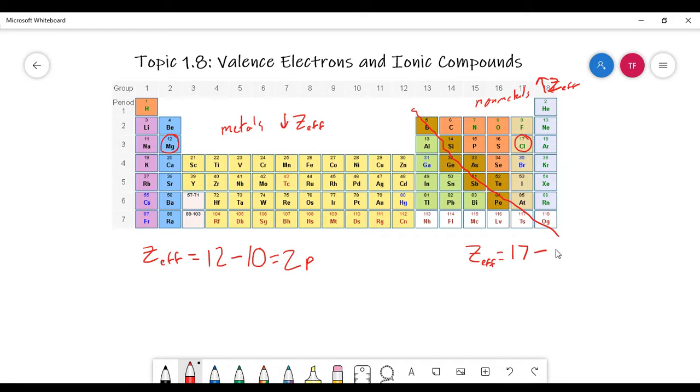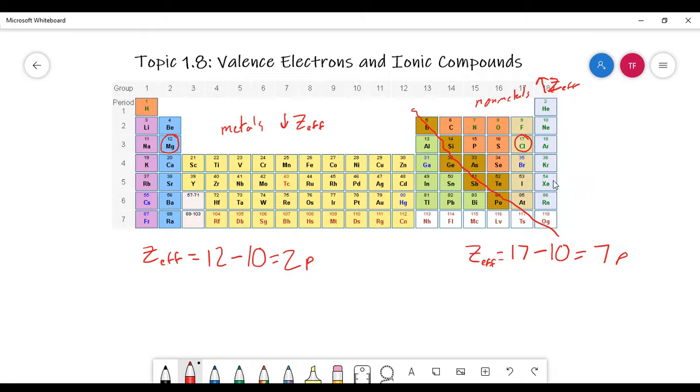So 17 minus 7 is 10. There are 10 core electrons, just like magnesium, 10 core electrons. But 17 minus 10 means that there are 7 protons in the nucleus not being shielded. 7 protons that are pulling on the valence electrons. That is a much stronger pull on the valence electrons than magnesium's only 2 effective charge.